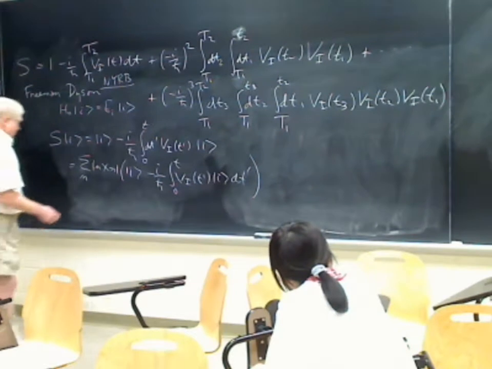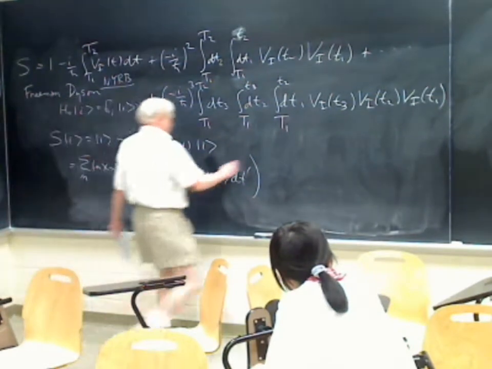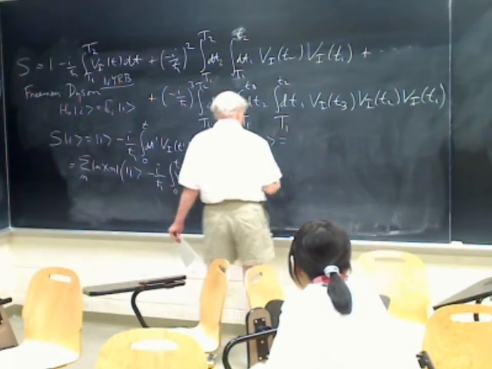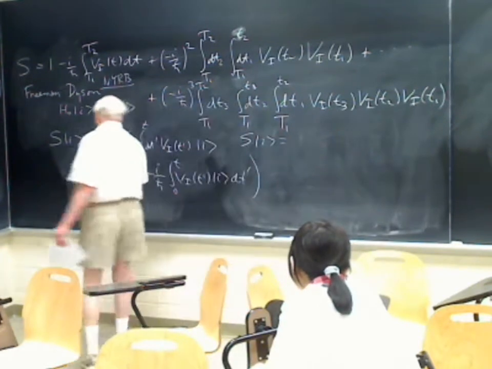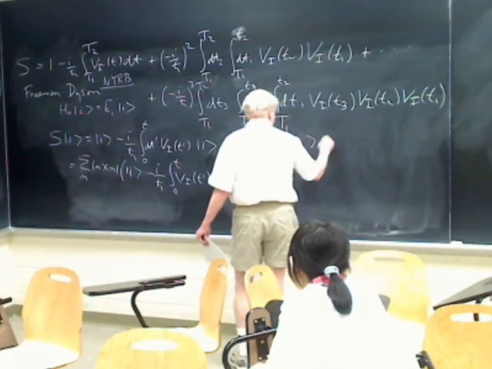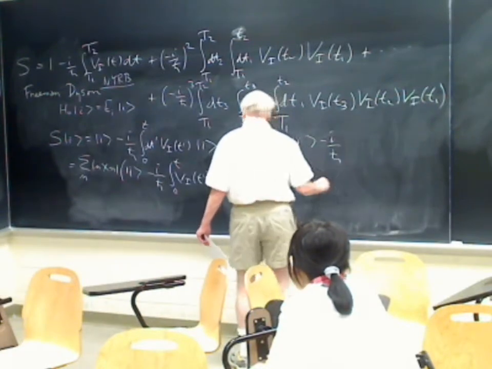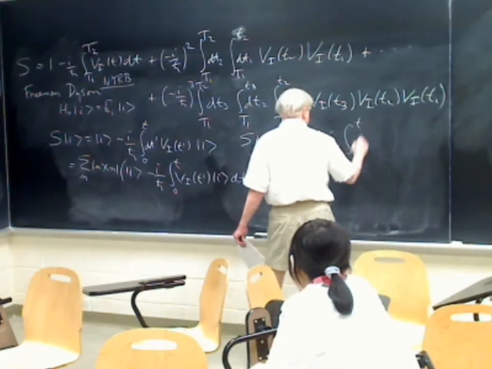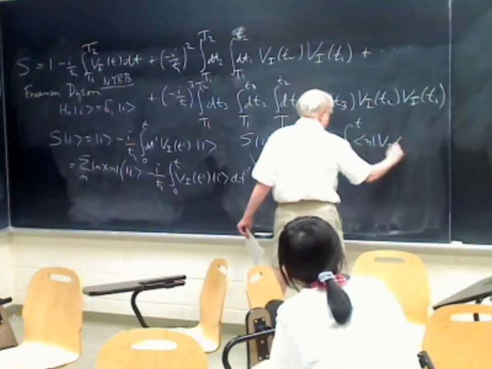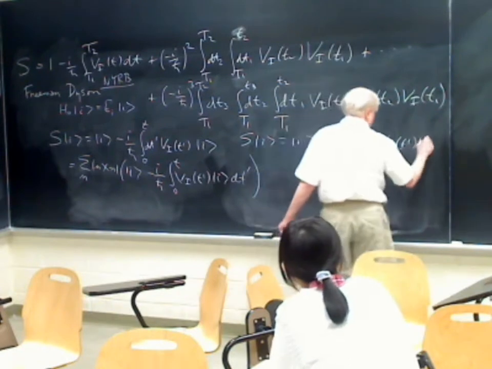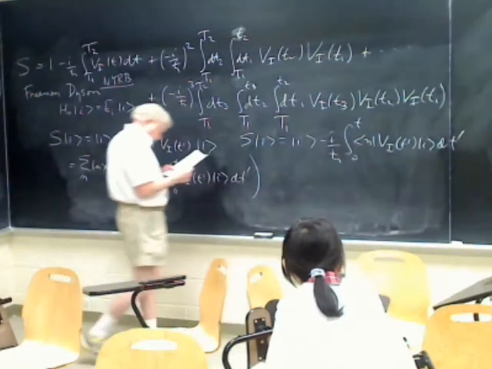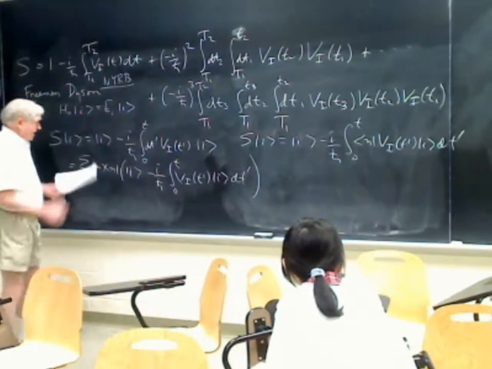Well, what we've got here, so this SI then, in other words, this lead term here is just going to give us an I. And the next term is minus I over H bar, integral 0 to t, N, VI of t prime I dt prime. So that's what we've got.